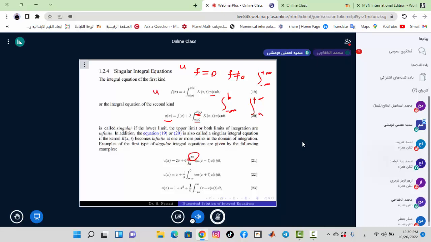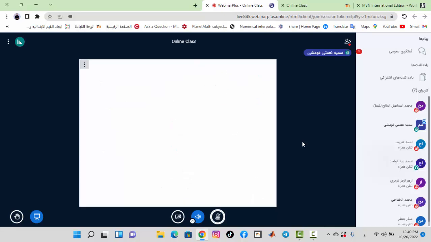Exactly. Since we have this upper limit infinity, we have a singular integral equation. And for the next example, we have the lower bound as negative infinity, and it makes this integral equation singular. And for the third case, we have both the lower and upper bounds of integration as negative infinity and positive infinity. So one kind of singular equation can be recognized by the limits of integration, and another kind is a little different.